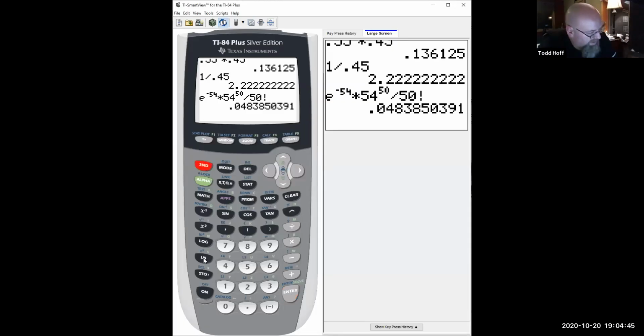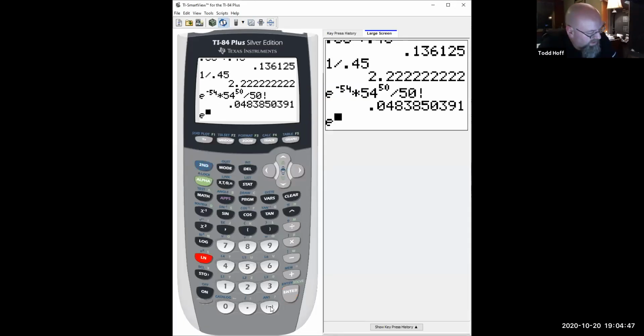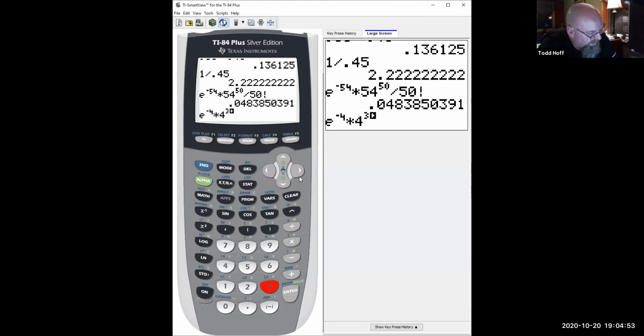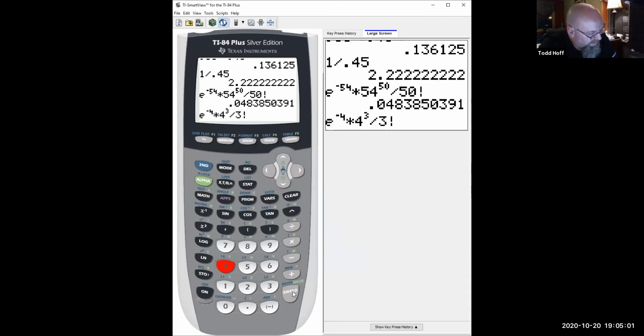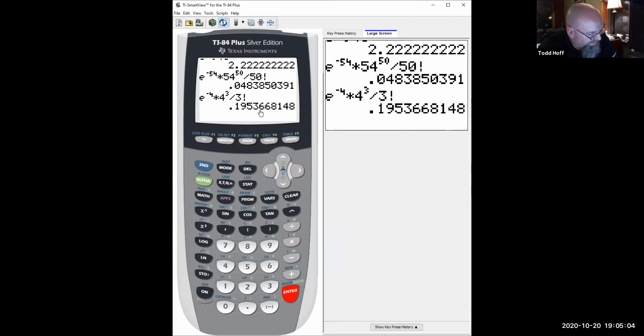Second e to the x, negative 4, arrow out, times 4 to the power of 3, arrow out of the power again, divided by 3 factorial. Okay, 0.1954.